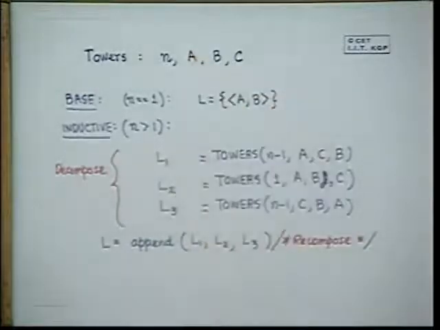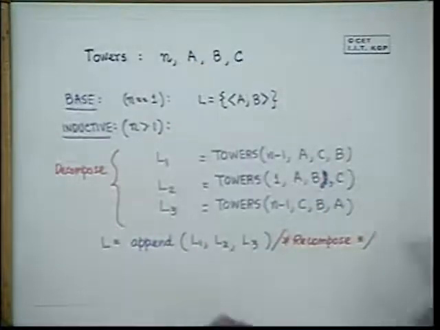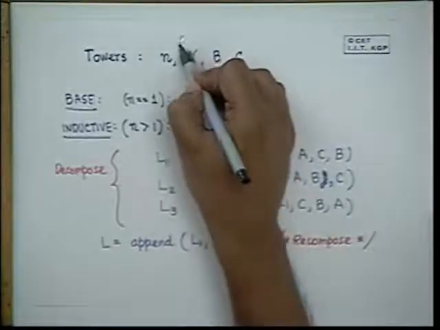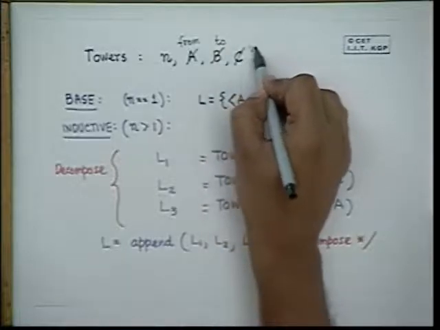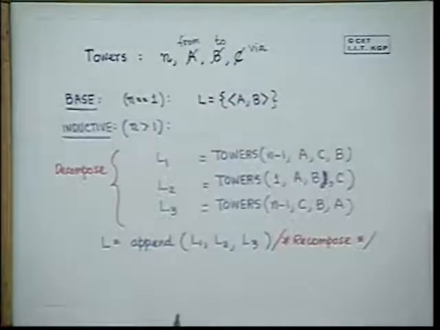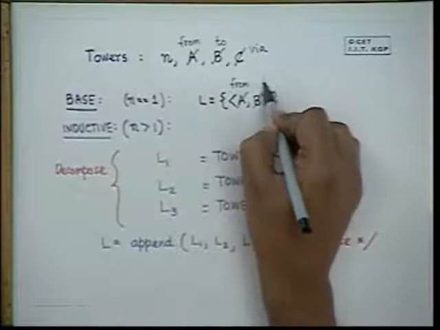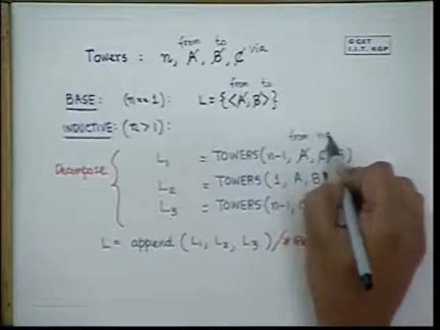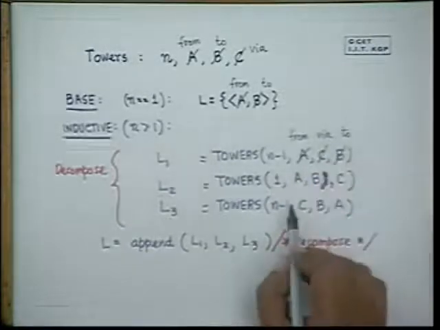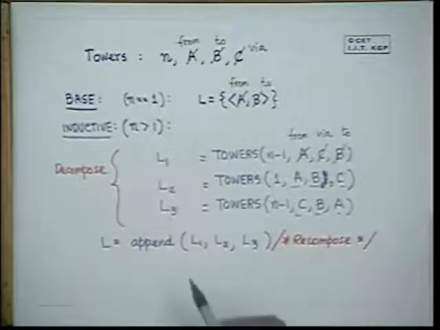So let us convert it to variables: let us call this from, this is called to, and this is called via. You replace A by from everywhere here, B by to, and C by via, in terms of variables, here, here, here, and you will get your function in terms of variables.